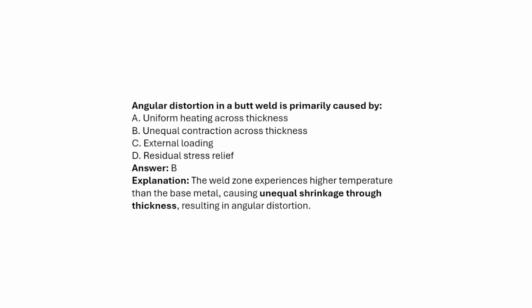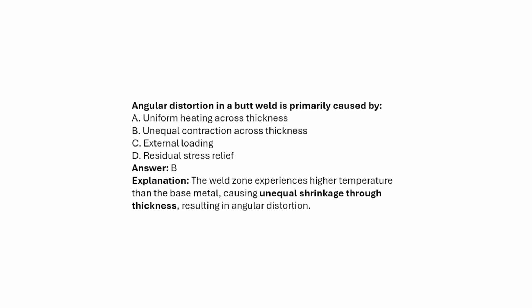Next, angular distortion in butt welding is primarily caused by: uniform heating across the thickness, unequal contraction across the thickness, extended external loading, or residual stress relief. Answer will be B, unequal contraction across the thickness.